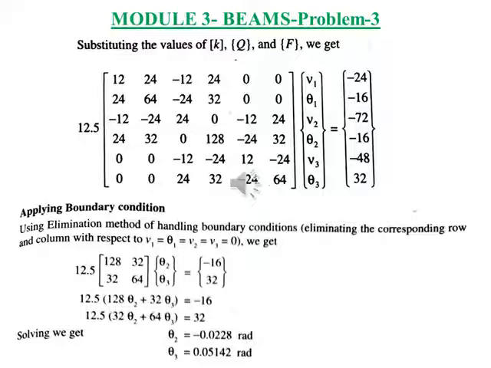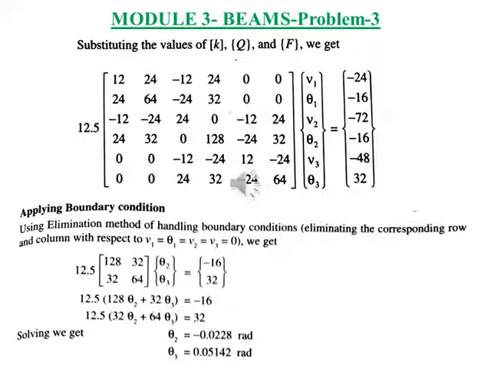All other values are 0. Hence we can remove column 1, row 1, column 2, row 2, column 3, row 3, column 5, row 5. Column 4 and row 4 and column 6 and row 6 will remain. So it will reduce to a 2 into 2 matrix, with two unknowns, theta 2 and theta 3.